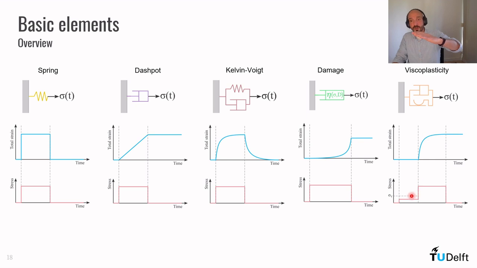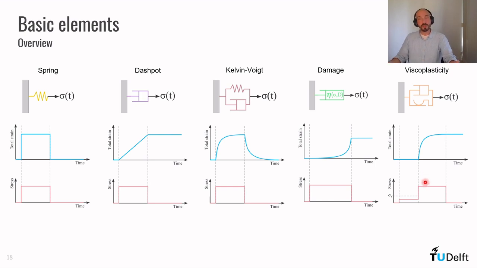At a certain point, when the threshold reaches the stress, the distance is zero, and the viscosity of the dashpot is infinite, meaning that this dashpot doesn't move anymore. And that is how we can think of this element here.